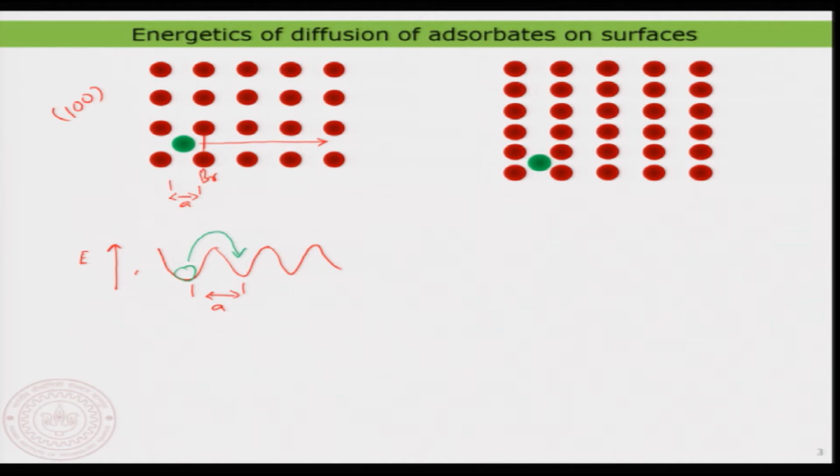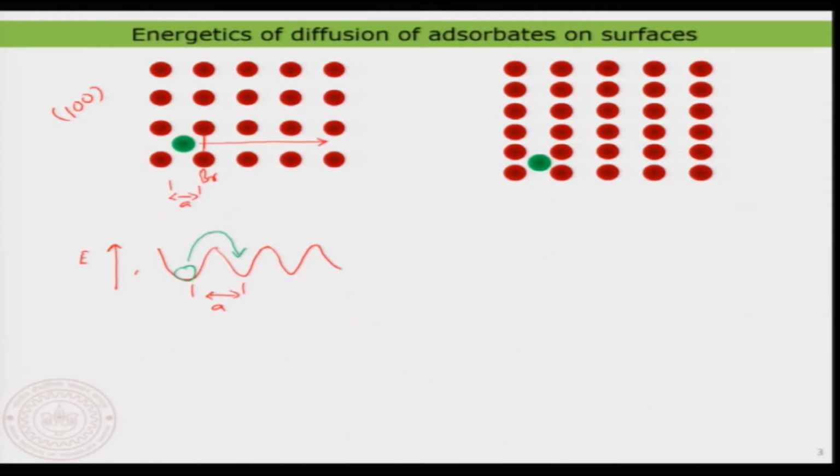The thermal energy at room temperature is in the order of 30 milli-electron volt roughly. But the barrier, depending on the atom of course, can be in the order of a few hundreds of milli-electron volt. It can be just 400 milli-electron volt, 500 milli-electron volt, it can even sometimes be a few electron volt. That depends on how strongly the atom is adsorbing.